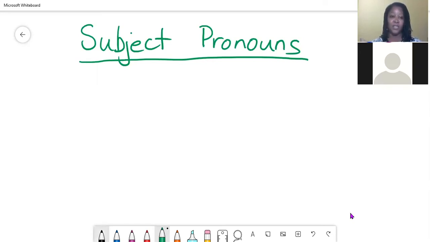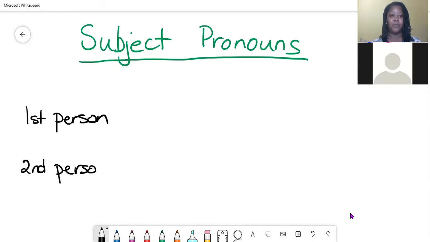Now, in Spanish, we want to bear a couple of things in mind. In grammar generally, we have what is called first person, second person, and third person.